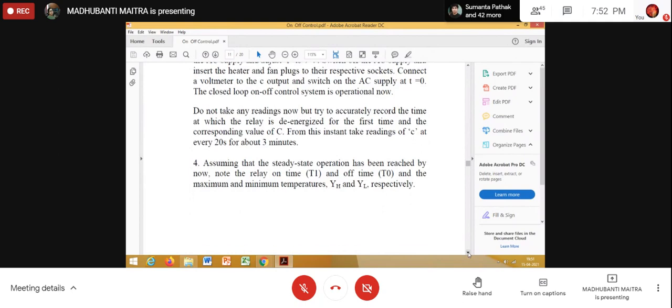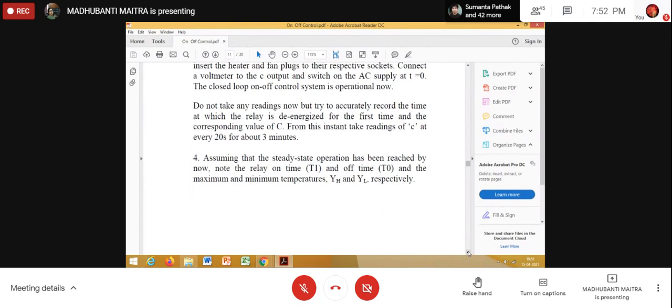The rest of the portions are not that important, I guess, because this time you will not be able to appreciate these procedures, steps and runs, because you're not performing the experiment. Do not take any readings, but try to accurately record the time at which the relay is de-energized. Relay de-energized means the fan will be connected.